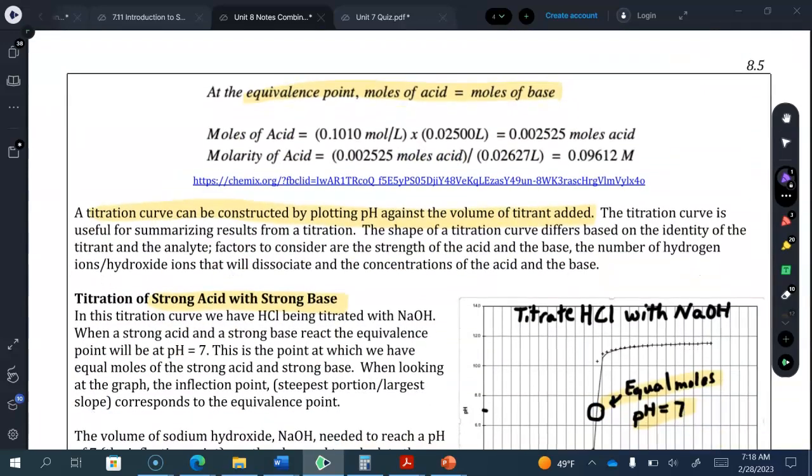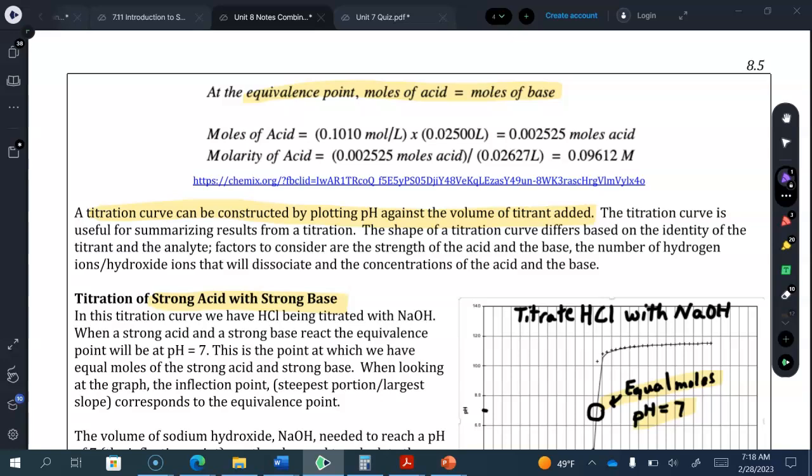At the equivalence point, the moles of acid equal the moles of base, which means that the reaction goes to completion and that there are no excess reactants. And you can then calculate the previously mentioned problem using this example.